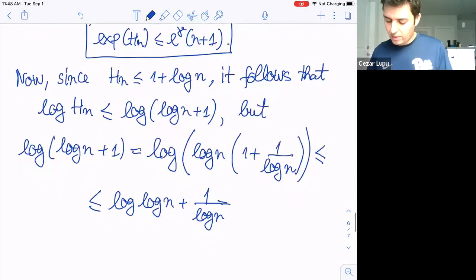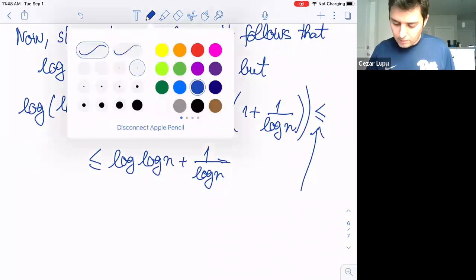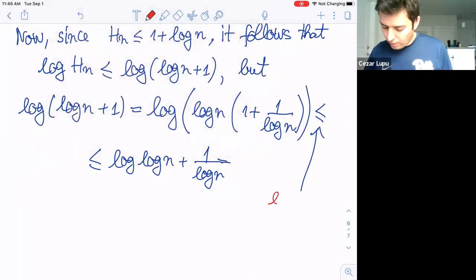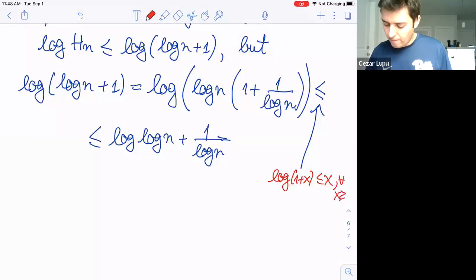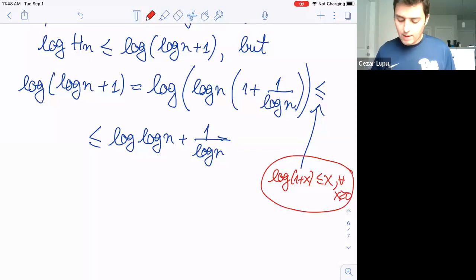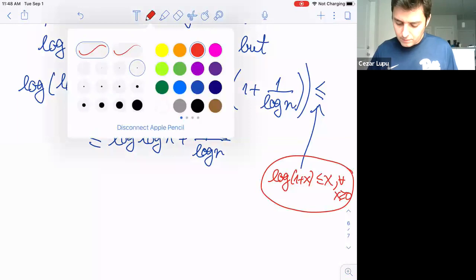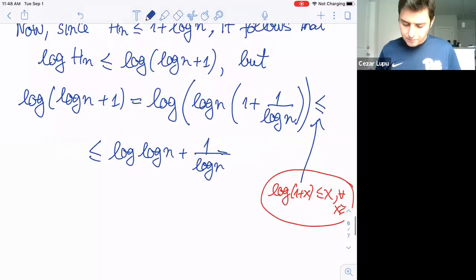Where we use this inequality, log of 1 plus x is always less or equal than x, for x greater or equal than 0. That's what we use. Anyway, right? And now we multiply these two.